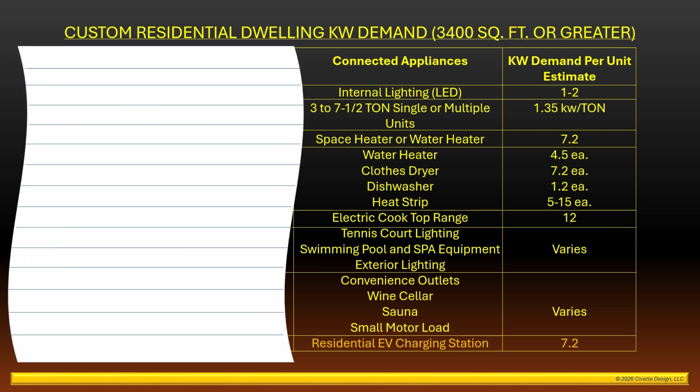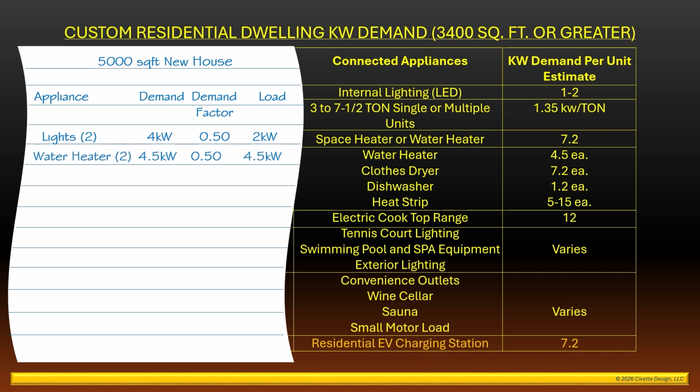Let's take a look at an example. Let's build a 5,000 square foot new home. We'll install a lot of lights with a demand of 4 kilowatts. The chart shows lighting has a demand factor of 0.5, so our total lighting load is 2 kilowatts. Our house will have 2 water heaters rated at 4.5 kilowatts each. Both have a demand factor of 0.5 for a total load of 4.5 kilowatts.